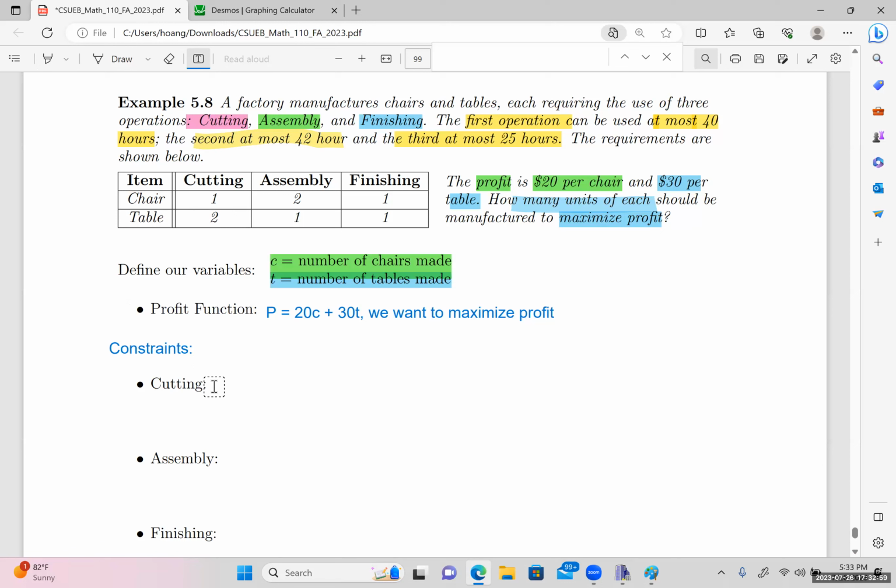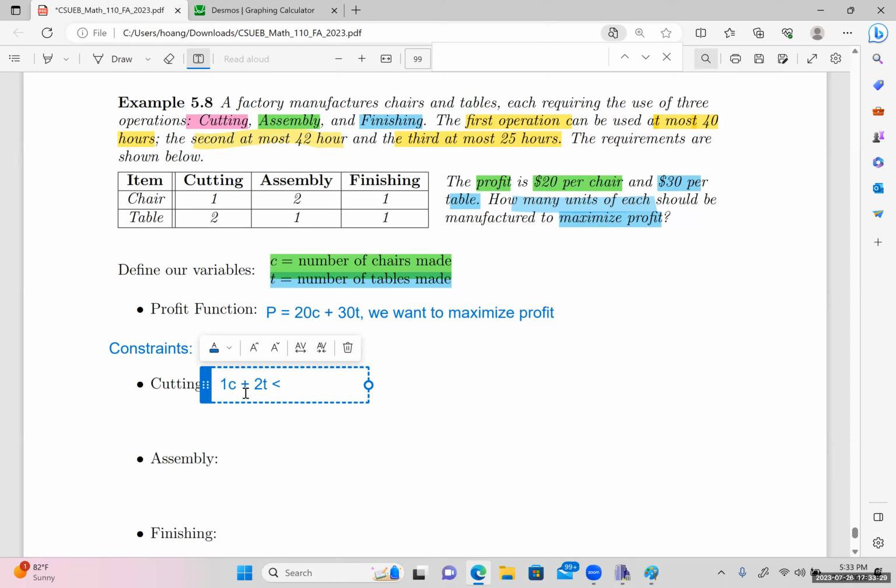For cutting, we need 1 hour for chair and 2 hours for tables. So it will be 1C plus 2T, right? And it says for cutting at most 40 hours.